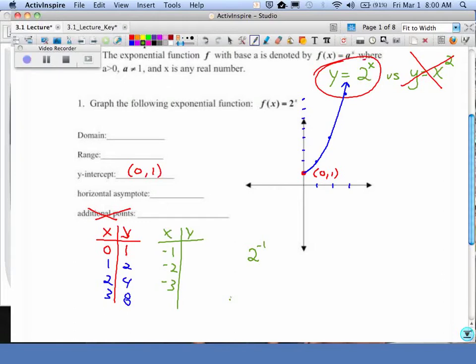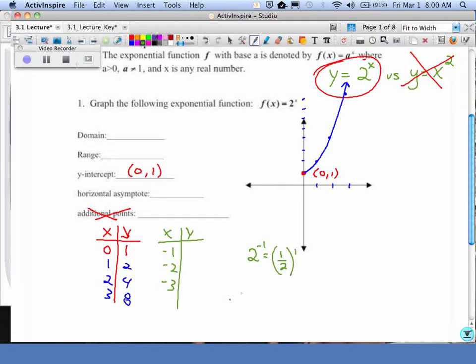When you say inverse, what are you talking about doing? What are you going to write? 1/2. The reciprocal. So when you have a negative exponent, you write the reciprocal of the base to get rid of the negative exponent. So I can now write 1/2 to the first power.